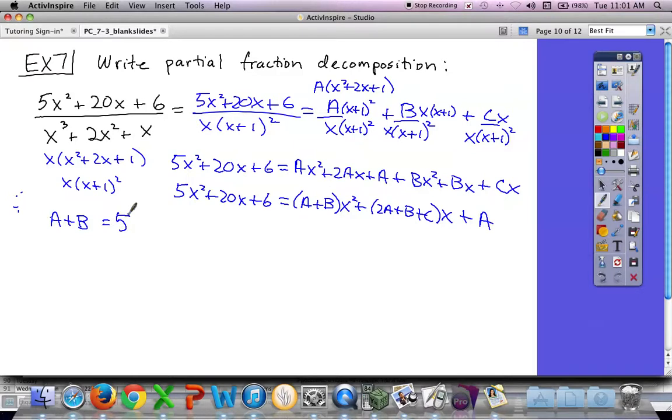What's the equation for the x terms? 2A plus B plus C equals 20, and A equals 6, right? A equals 6. There was only one constant term over here. It was the A. So that has to equal 6.